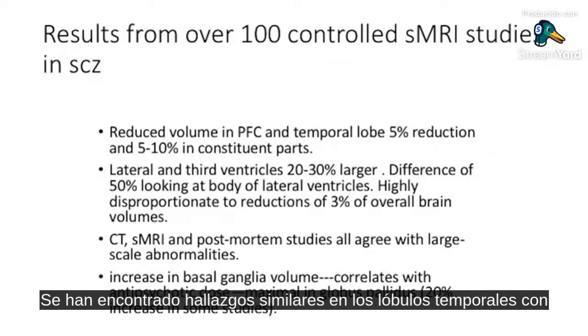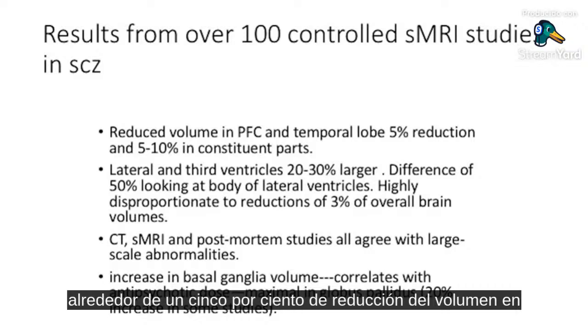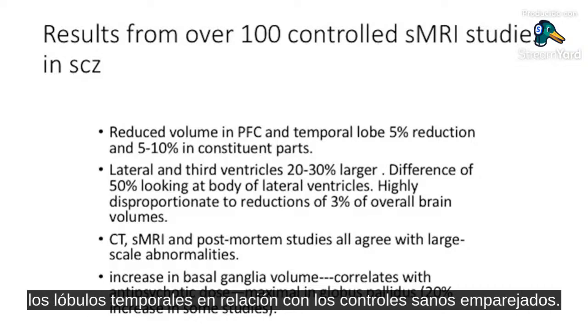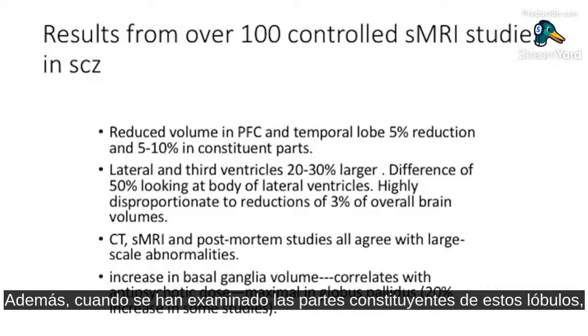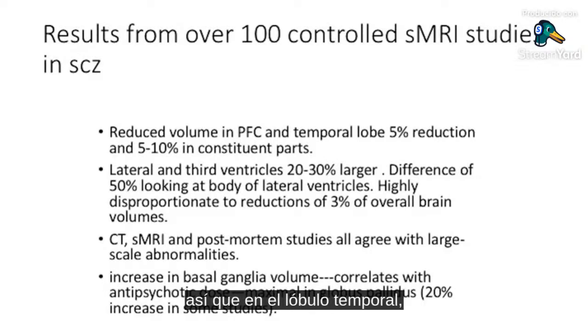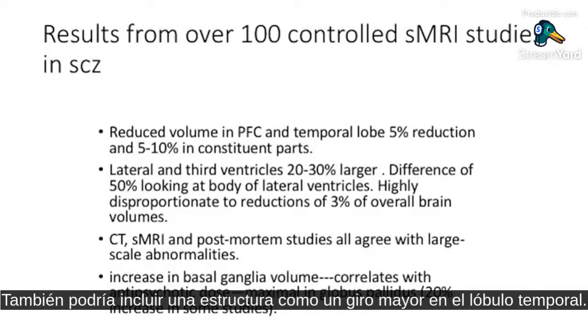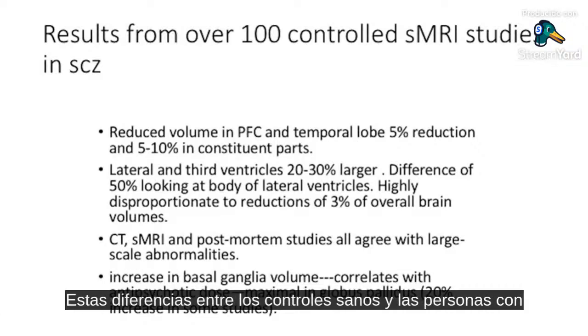Similar findings have been found in the temporal lobes, with about a 5% reduction in volume relative to matched healthy controls. In addition, when constituent parts of these lobes have been looked at, in the temporal lobe, this might include the amygdala. This also might include a structure such as a major gyrus in the temporal lobe. Those differences between healthy controls and people with schizophrenia may be even larger than 5%.